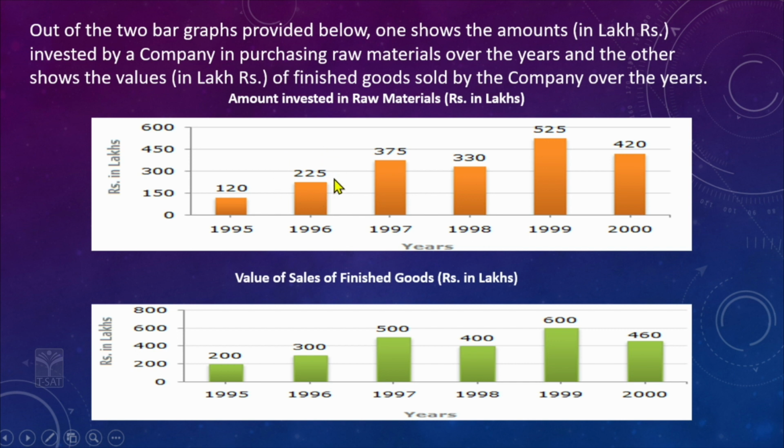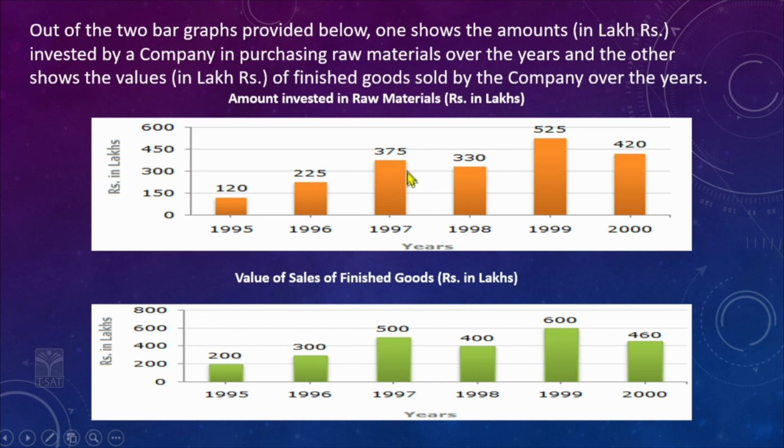In 1996, the invested amount for getting raw material is 225 lakhs, and the sales value is 300. Here the difference is how much? It is 75. Here 80 lakhs is the difference, here it is 75 lakhs. In 1997 it is 500 lakhs rupees from sales, and 375 lakhs invested for getting raw material.